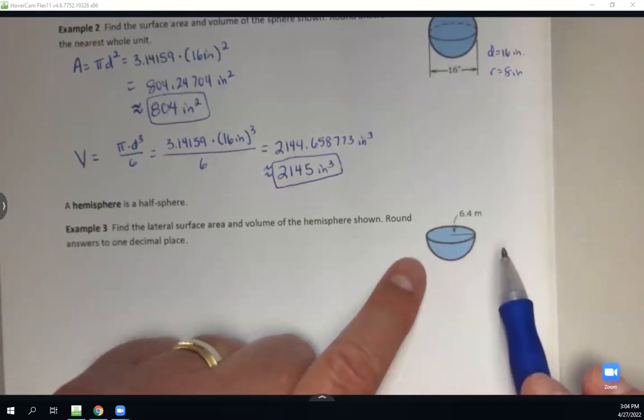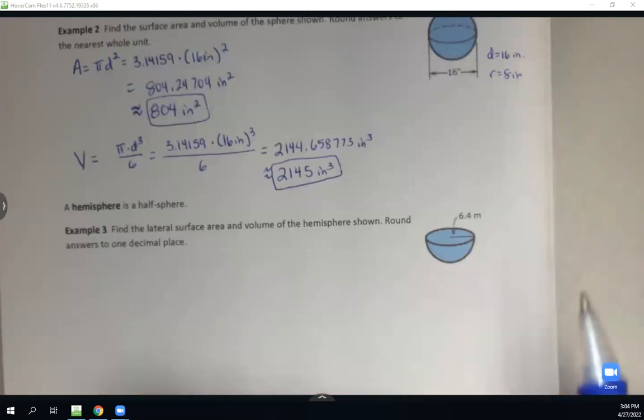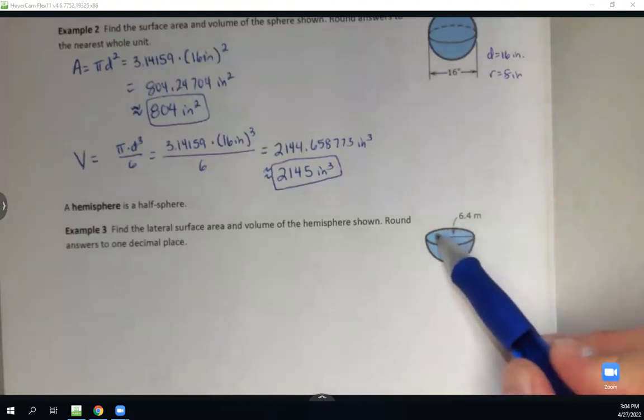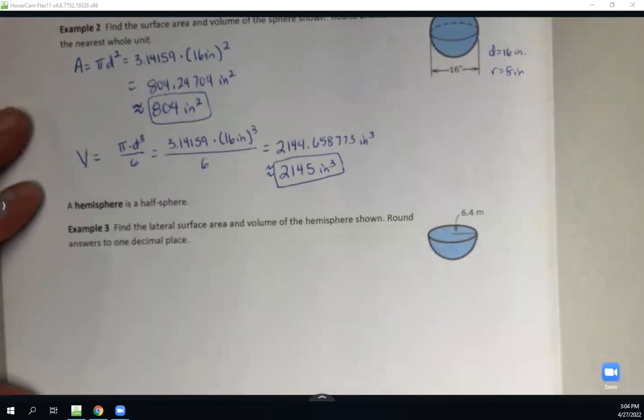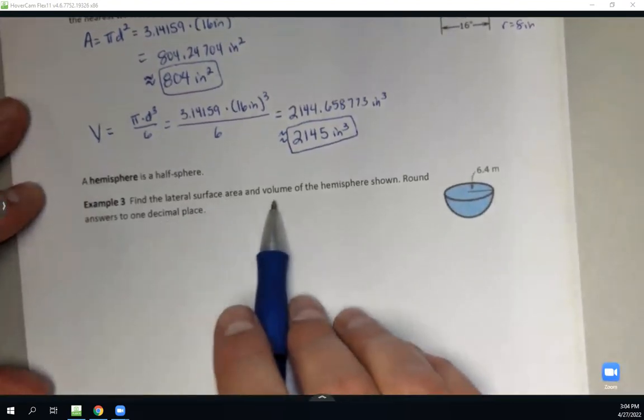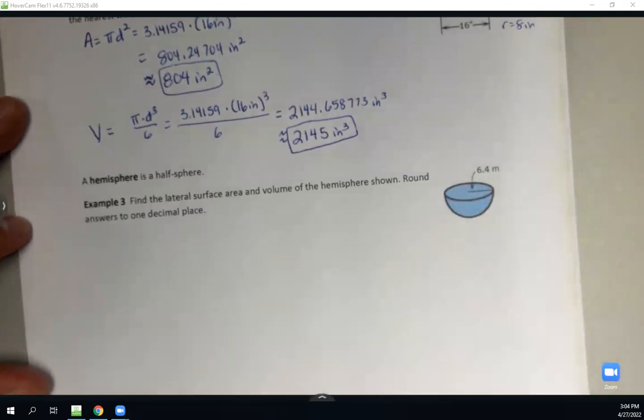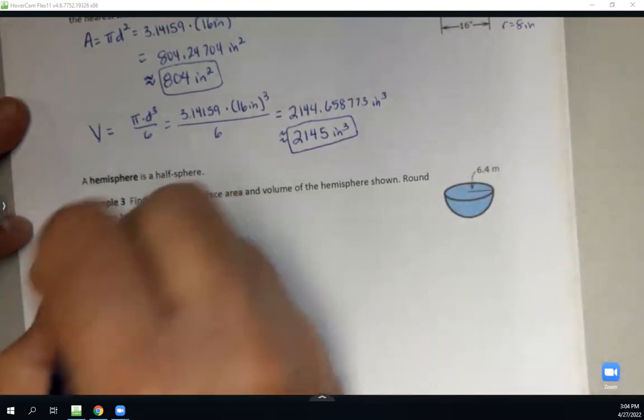Does that make sense? Now, I don't think you're going to have any problems where you have to do that, but if you did, for some reason, that's what you'd have to do, okay? So lateral surface area, again, doesn't include the circle part, right? Okay. So find the lateral surface area and the volume of the hemisphere shown. Round the answers to 1 decimal place, okay?